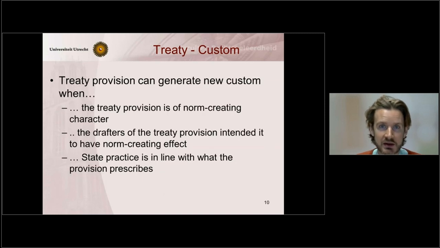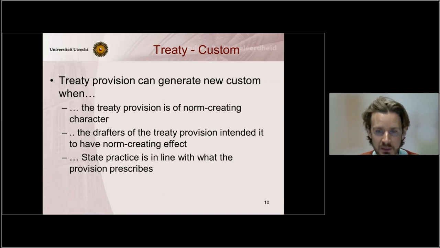And those conditions you find on this last slide. So a treaty provision can generate new custom, but only when the treaty provision is of a norm-creating character. With this, the court meant that it must be of general application. The drafters of the treaty provision must have intended it to have a norm-creating effect. And so the court looked at the travaux préparatoires of the Geneva Convention on the Continental Shelf and concluded that the International Law Commission was not trying to codify existing customary law, but was actually proposing a new rule.